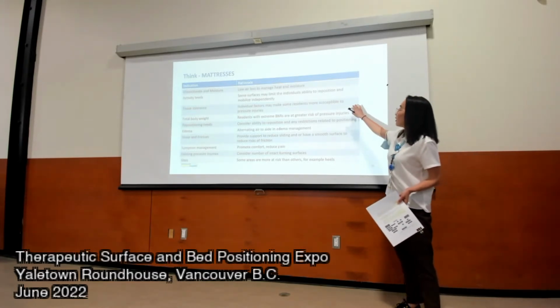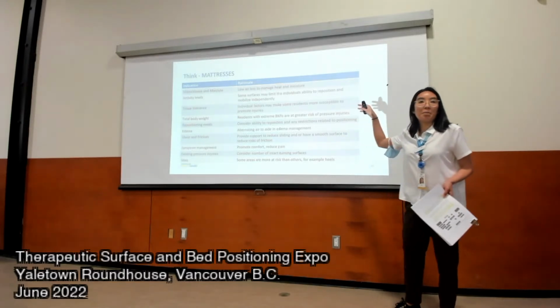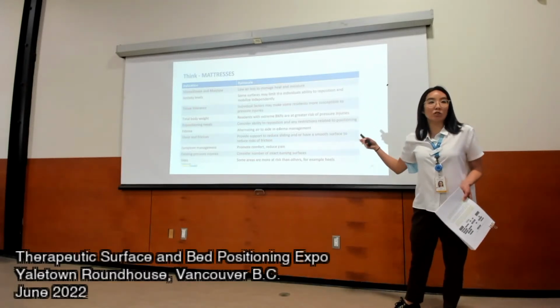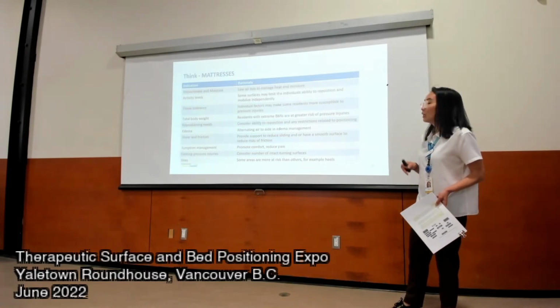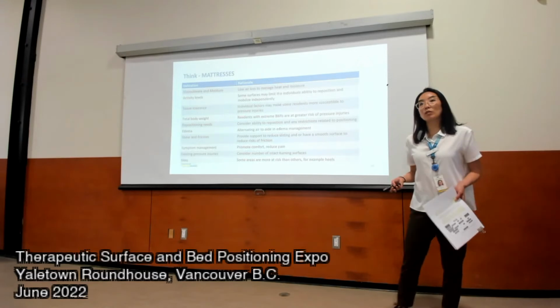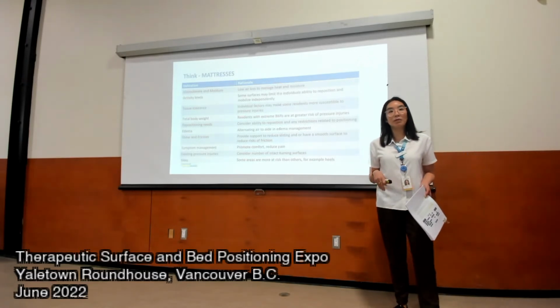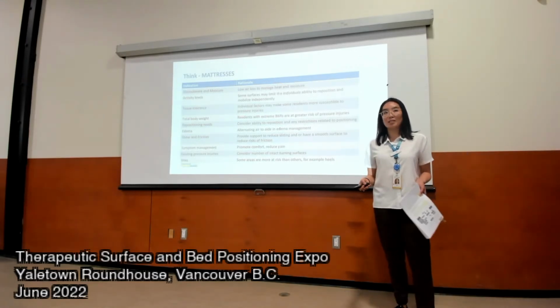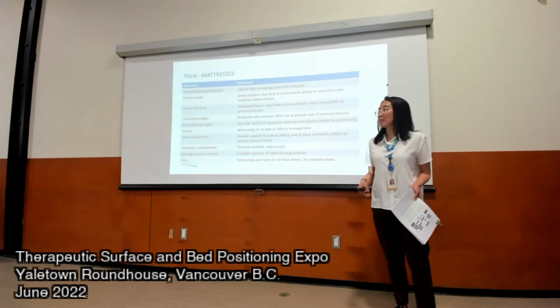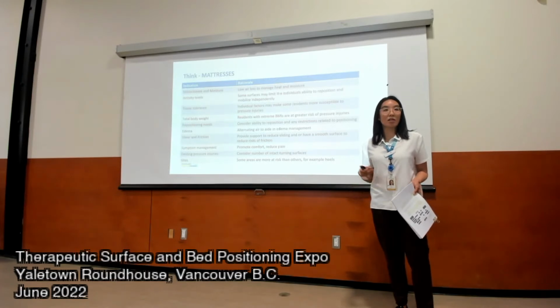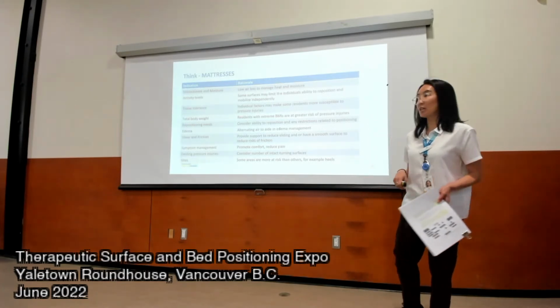And so individual factors for those residents might impact their tissue tolerance to pressure and their need for repositioning and what surface you select. Their total body weight, so I think we all know this, for really thin and bony skinny people, their bony prominences are going to be more prominent. Or for people who have high BMIs, that will mean increased stress on the tissues and therefore higher risk for skin breakdown as well.